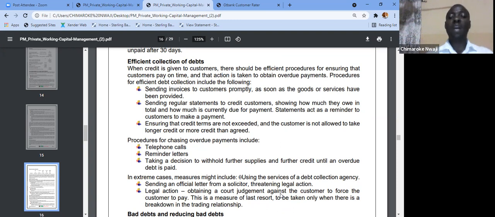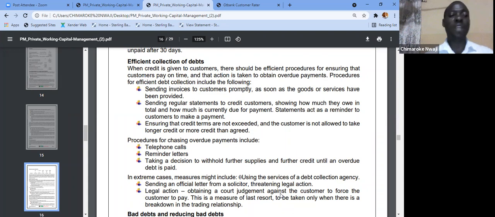And so this will act as a reminder that they should make payments for what has been collected, and they should not abuse the credit terms. We also have to ensure that the credit terms are not exceeded, and customers are not allowed to take more credit than is agreed.